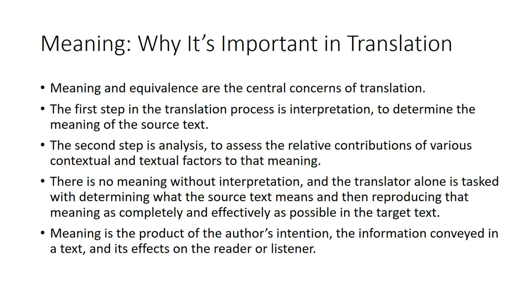You have the author and his or her intention, you have the content, the topic, the information that the actual language of the text is communicating, and then you have its possible effects on the reader or listener. So there are at least those three elements: the intention, the information, and the effect or the response. Again, just a very simplified definition, but I want to emphasize that meaning is complex.